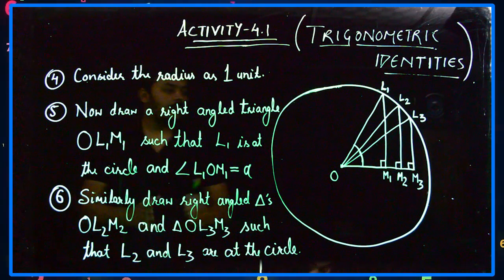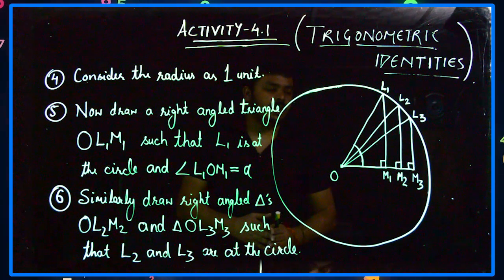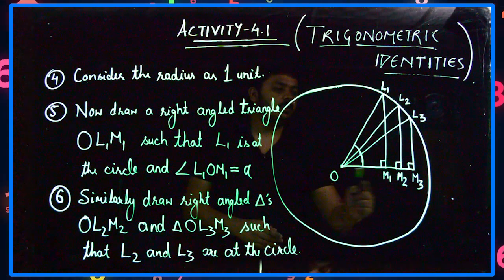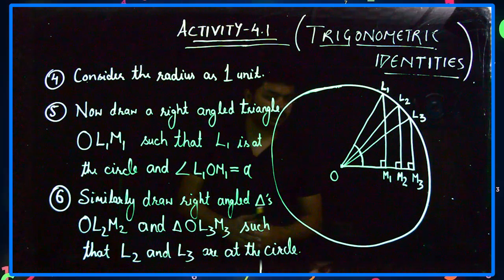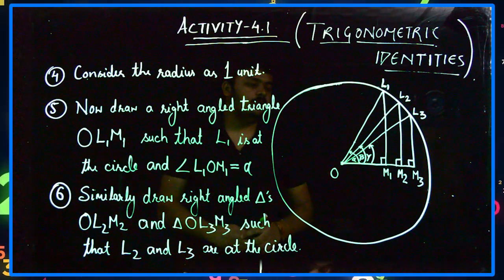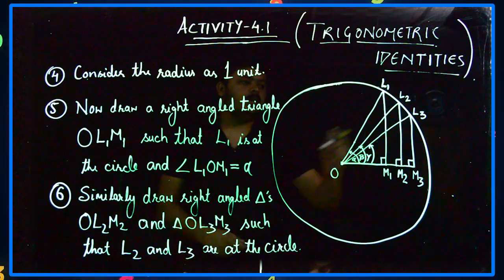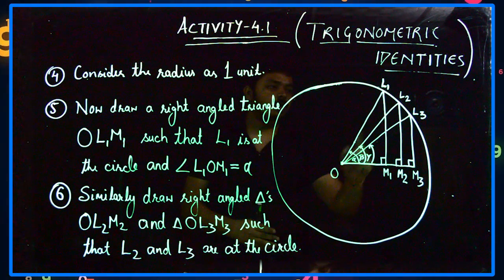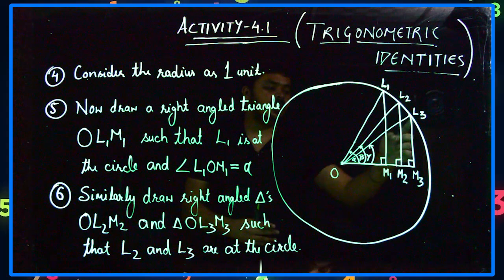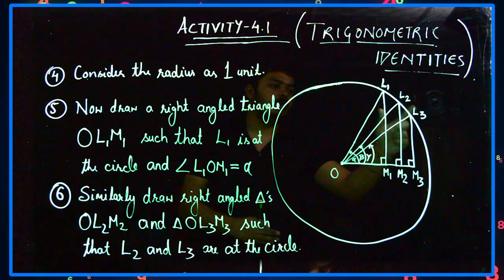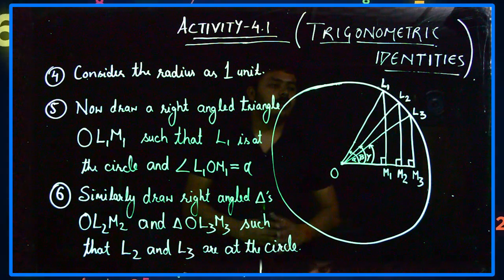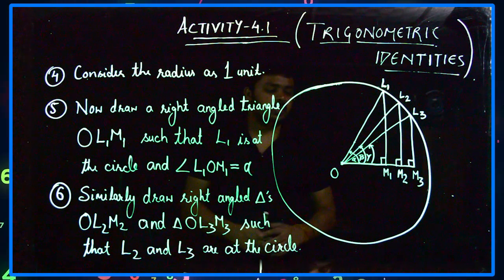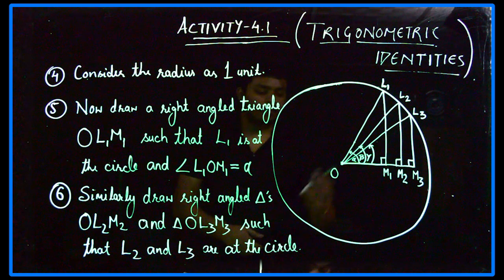So in this way, we have drawn the other two right angle triangles also, O L2 M2 and O L3 M3. Now we have drawn all three right angle triangles, that is O L1 M1, O L2 M2 and O L3 M3, where L1, L2 and L3 are lying at the circle, whereas M1, M2, M3 are the right angles of the triangles.